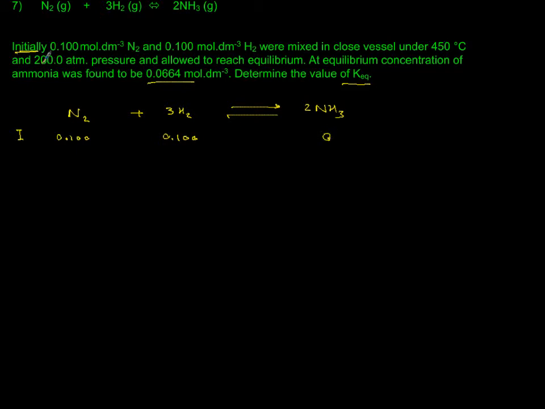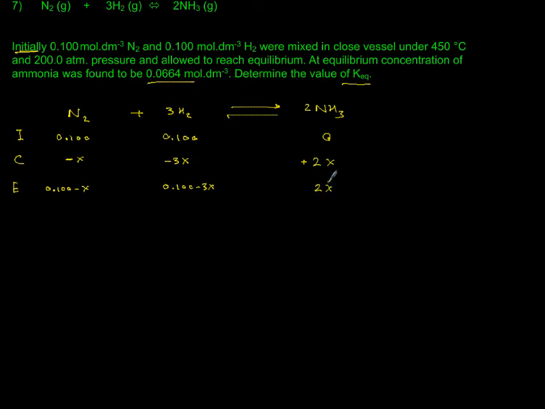Temperature and pressure are a disclaimer, they have nothing to do with my information for calculation. Now change, stoichiometry: minus x moles of nitrogen goes, minus 3x moles of hydrogen should go. That's respecting the coefficients, and 2x of product comes to life. Then at equilibrium you have 0.100 minus x, 0.100 minus 3x, and you simply have 2x.